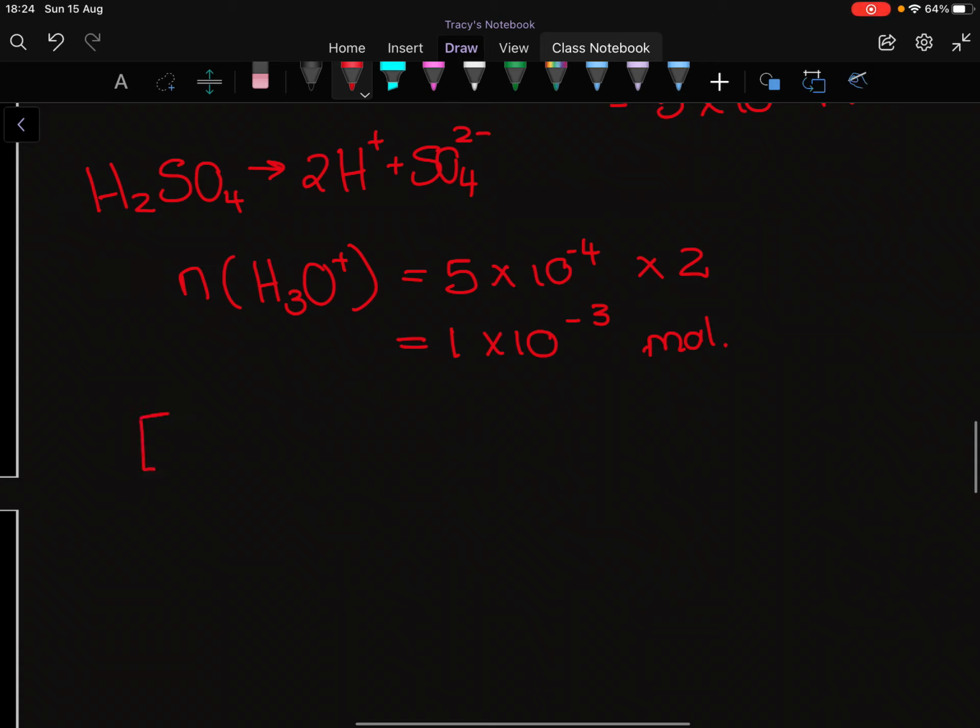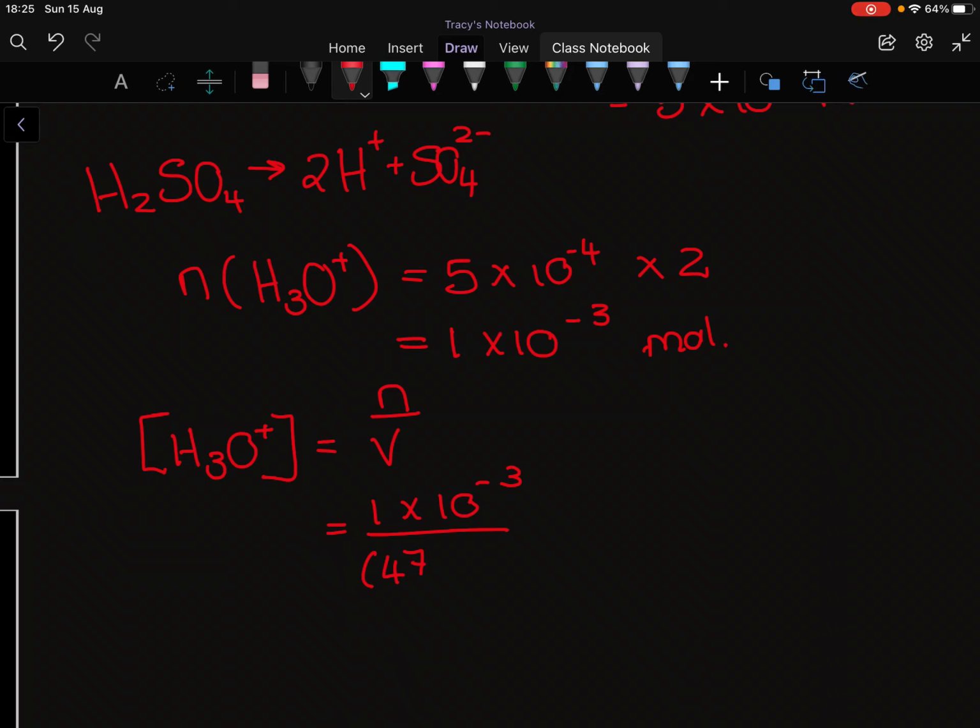So now the concentration of the H3O plus ions is number of moles over volume. So it's 1 times 10 to the minus 3 divided by my volume, which was 47.5 times 10 to the minus 3. Alright, so 1 to the minus 3 divided by 47 to the minus 3, and we get 2.11 times 10 to the minus 2.